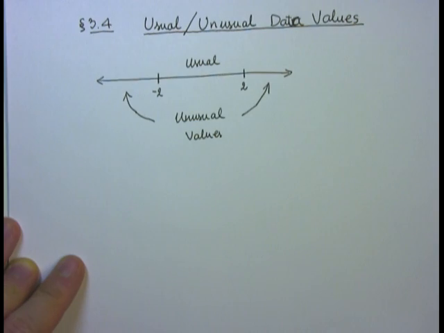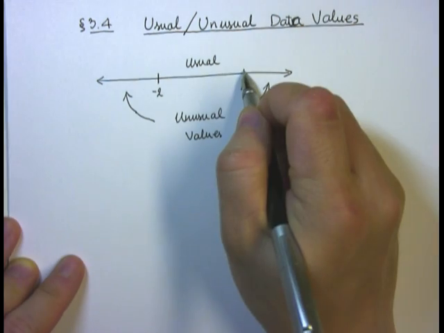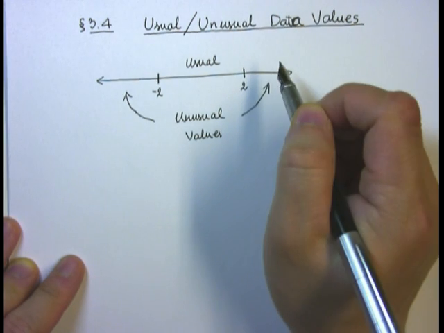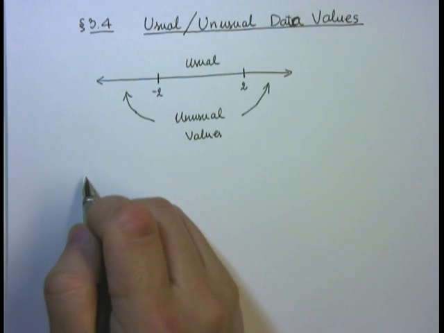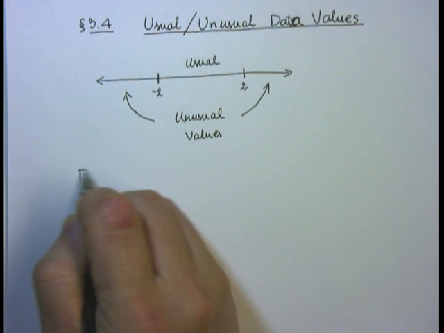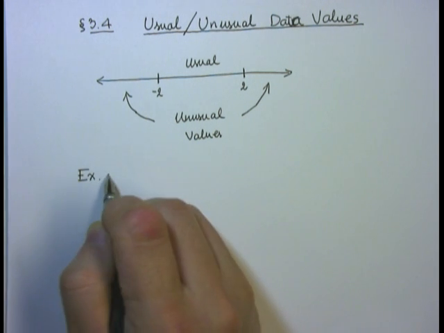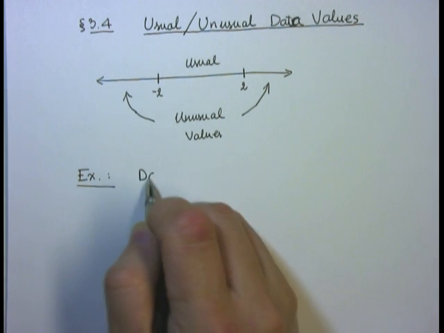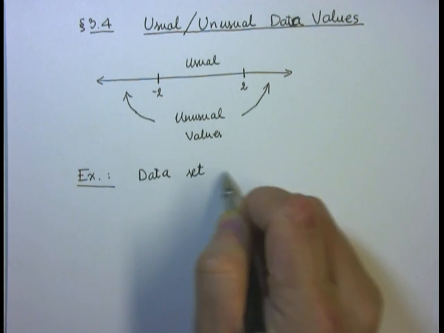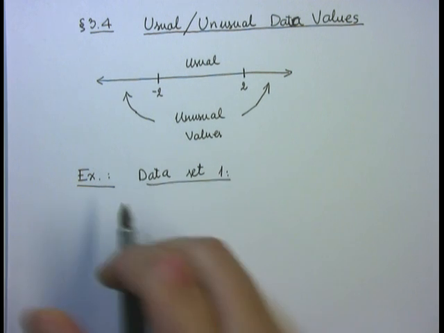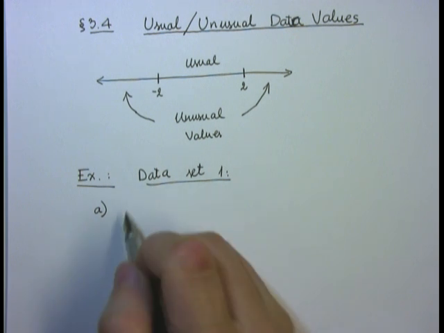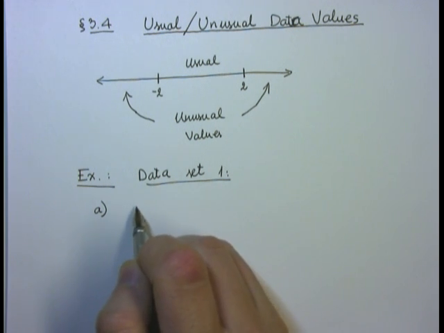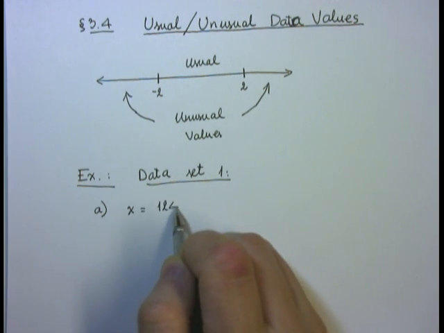Okay, and that is simply a scale for us to determine whether a data value is usual or unusual. So let's get into one example. If you focus on dataset 1 again, part A, we're going to look at the value x equals 124.